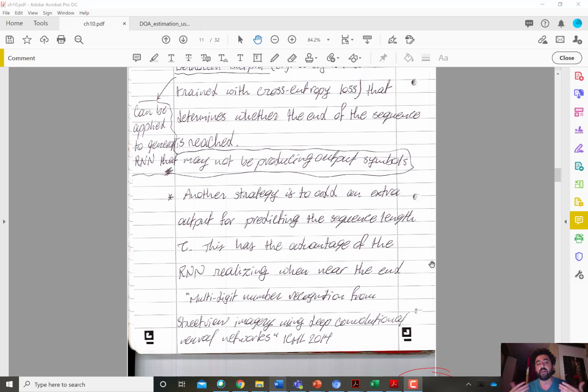Here also, having this ability to output a halt symbol or to predict the length of the sequence can have an advantage in terms of the expressive power of the recurrent neural network, in terms of the range of functions that it can represent. And if you are curious or want to read more about the specific strategy of predicting the sequence length first, you could check the paper stated in the notes here on multi-digit number recognition.